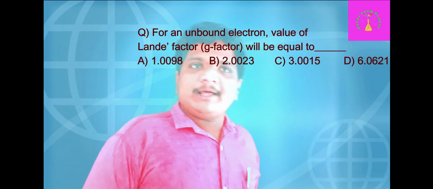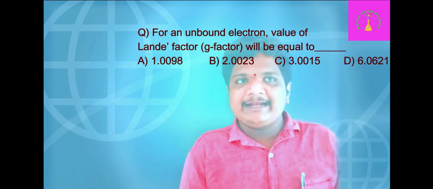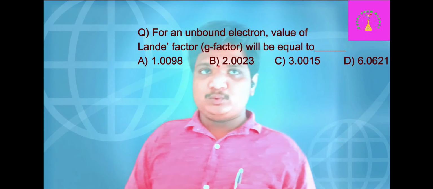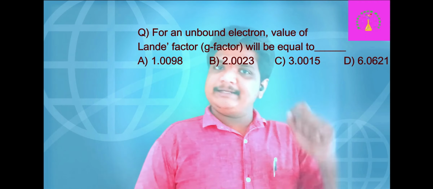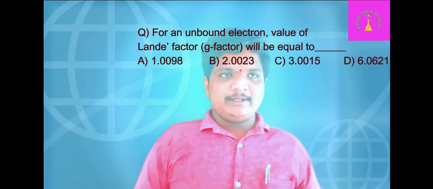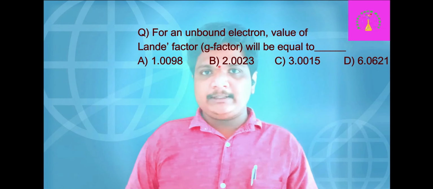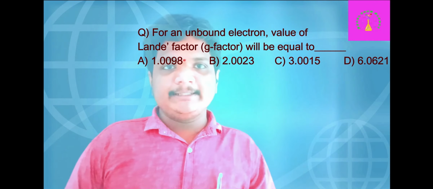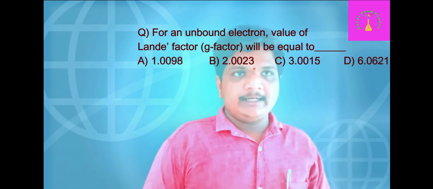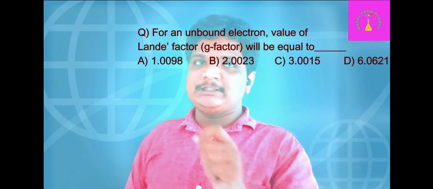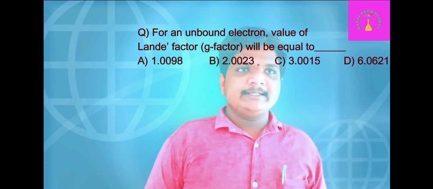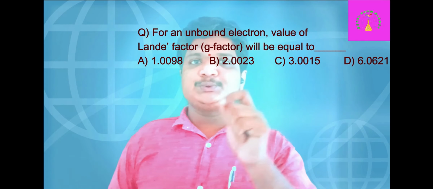Now let us move on to the next question. For an unbound electron, the value of the Landé g factor will be equal to dash. Option A is 1.0098, option B is 2.0023, option C is 3.0015, and option D is 6.0621.